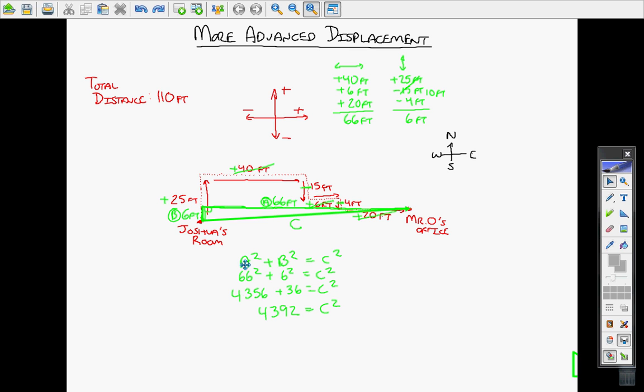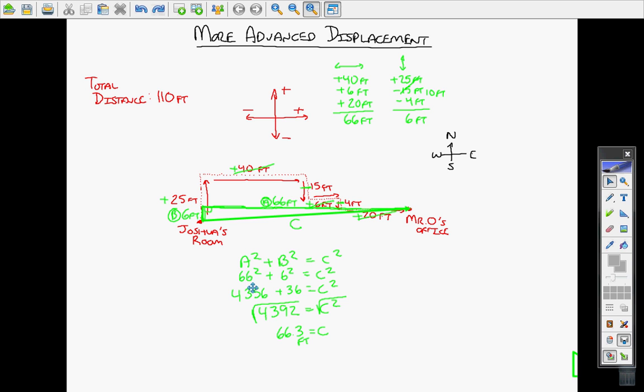So a was 66 feet, and I know that a squared is 4,356. Well, this number is pretty close to 4,356. So I know that c squared is going to be, or c is going to be very close to 66. And if I find the square root of each of those sides using my calculator, then I can see that it comes out to be about 66.3 feet.